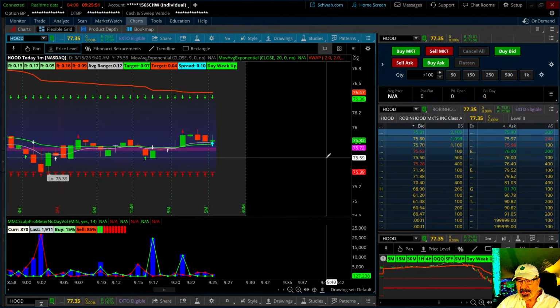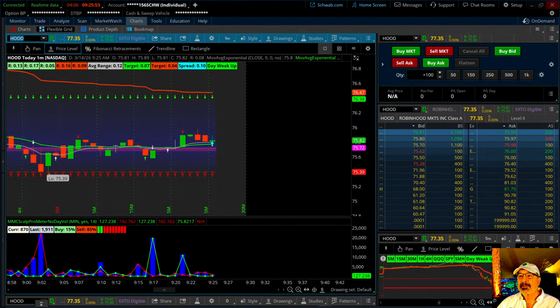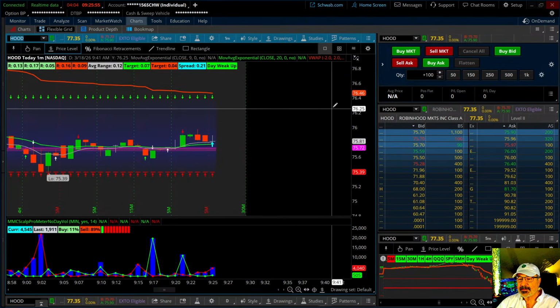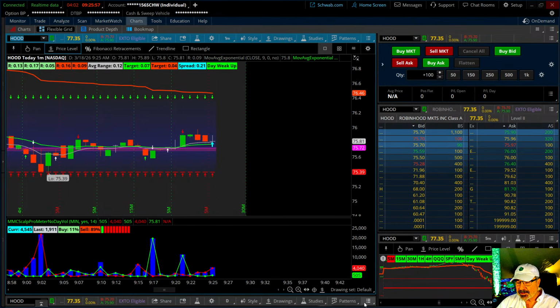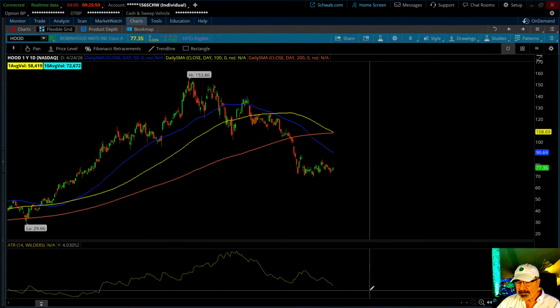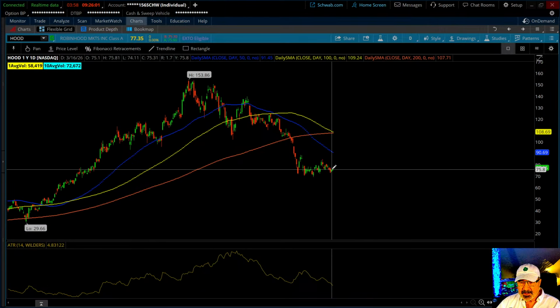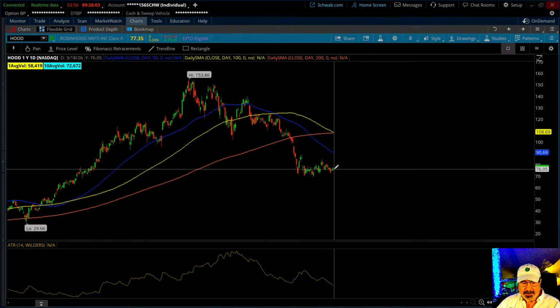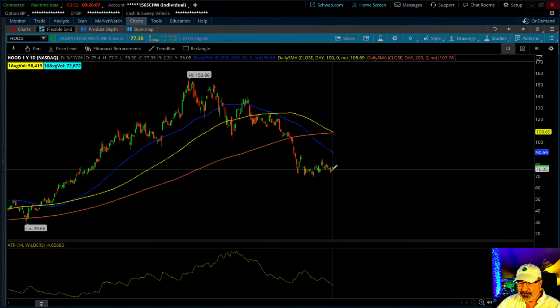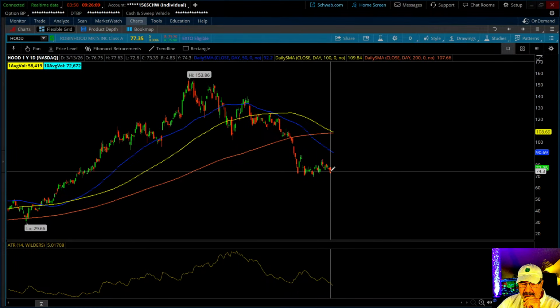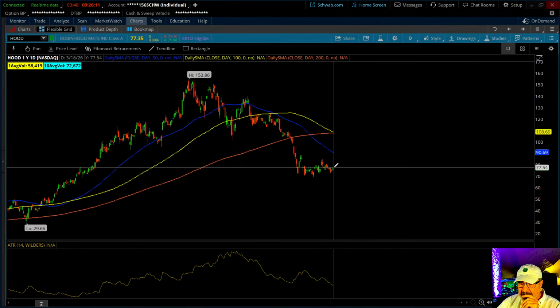What was our range on that generally? What's our ATR on HOOD? Our ATR on HOOD is roughly $4.50 to $5. There's $5 a few days ago.